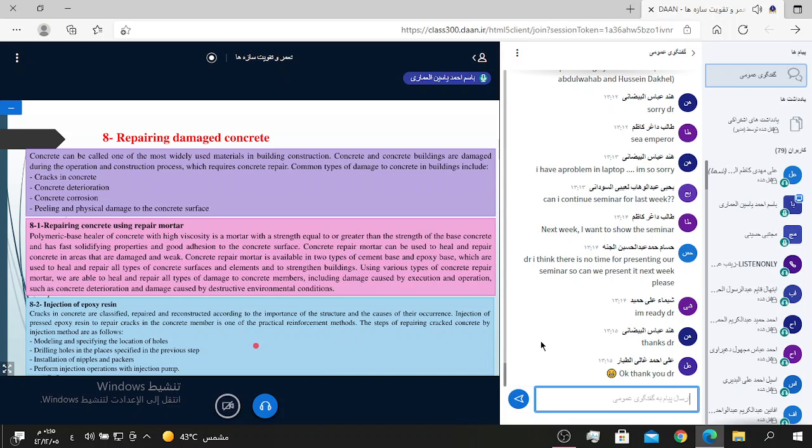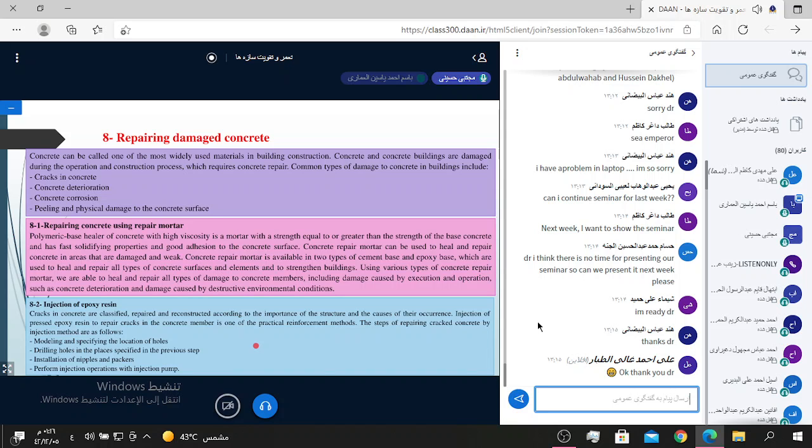Common types of damage to concrete buildings include cracks in concrete, deterioration, concrete corrosion, peeling, and physical damage to the concrete. Cracks, deterioration and also corrosion are very important for building structures.